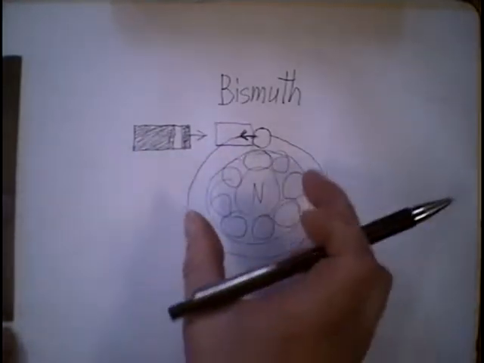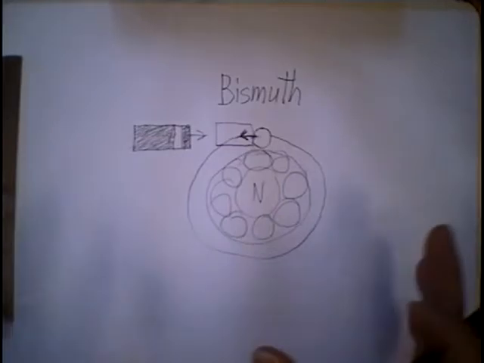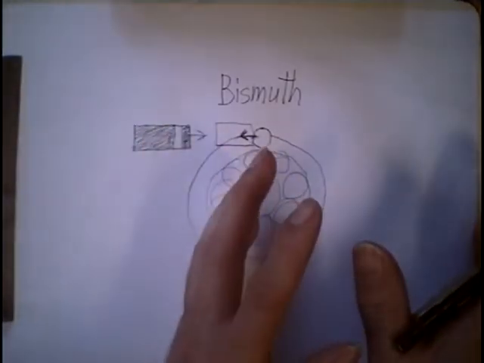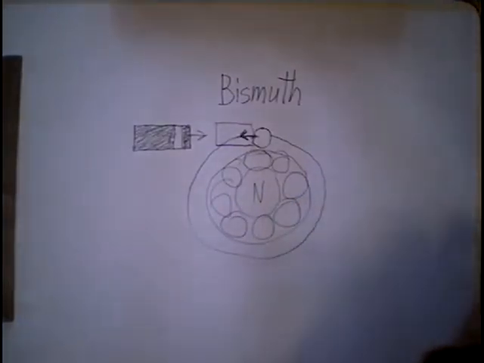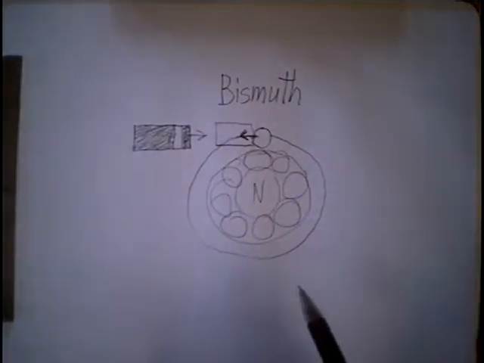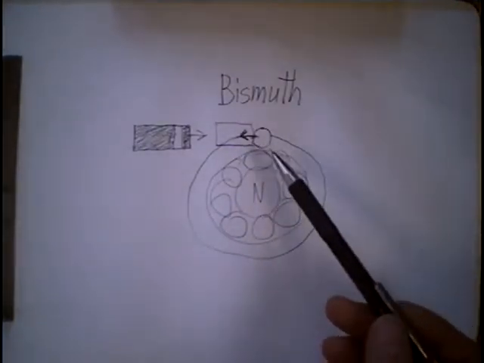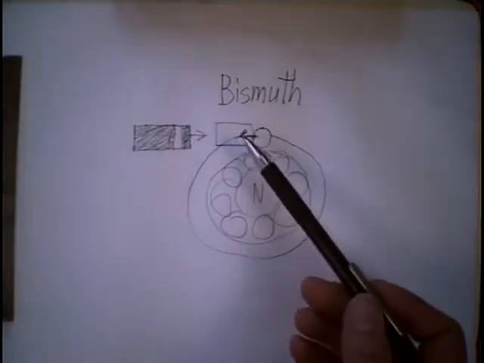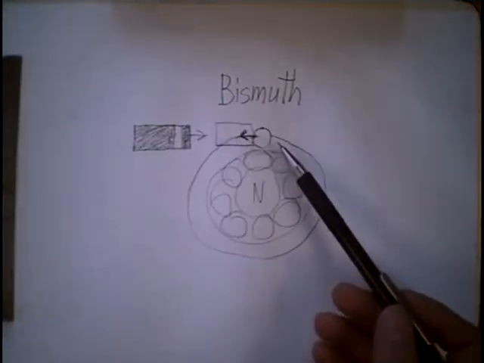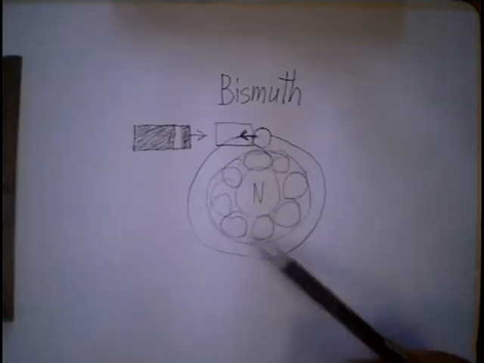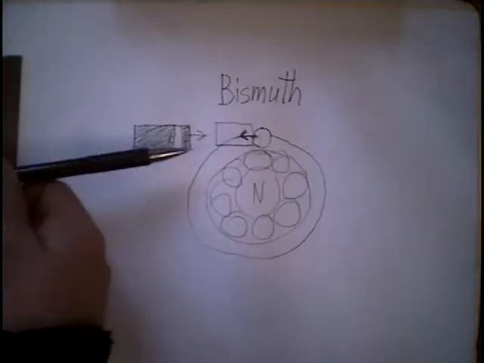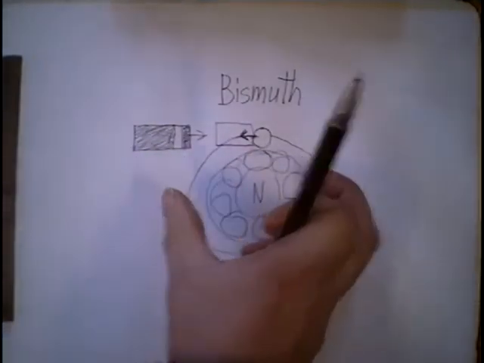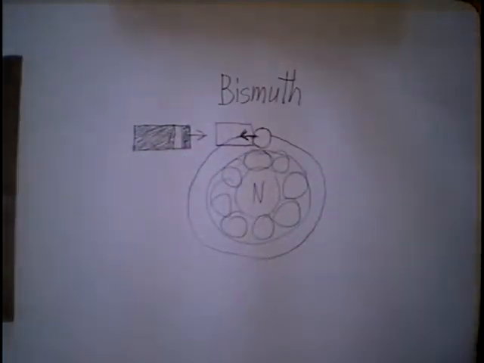So that bumps the whole atom back away, which bumps the whole piece of bismuth back away. And that's why bismuth is repelled by a magnet. It's simply because the affected electron satisfies the one condition, the low pressure, instead of the high pressure part. And the high pressure part that's not satisfied is satisfied by bumping the whole atom back away from the magnet, which is why things are diamagnetic.